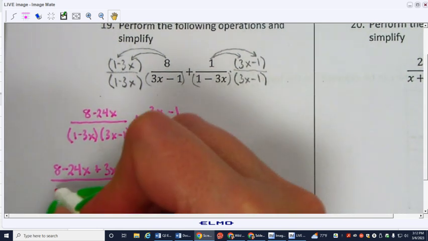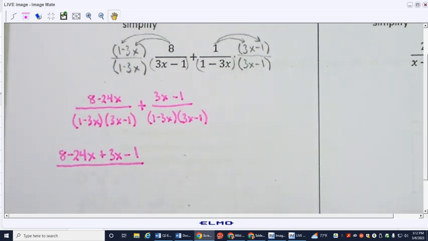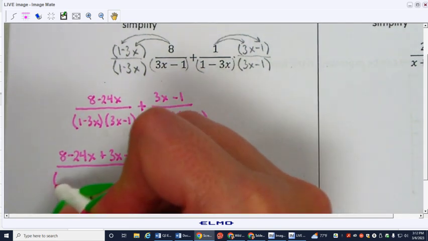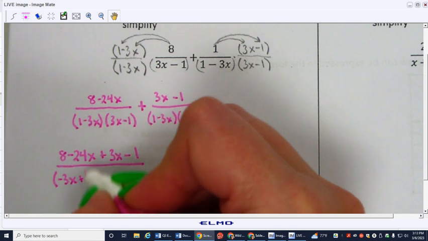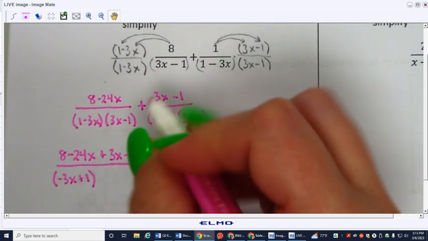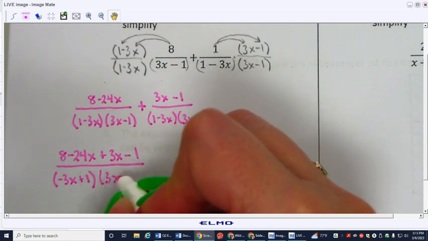Over, I'm going to take this 1 minus 3x and write it in the right order, because we don't like 1 minus 3x. We like minus 3x plus 1. So I still have a negative 3x and a positive 1. I just changed the order so it's in descending order of degree. 3x minus 1.